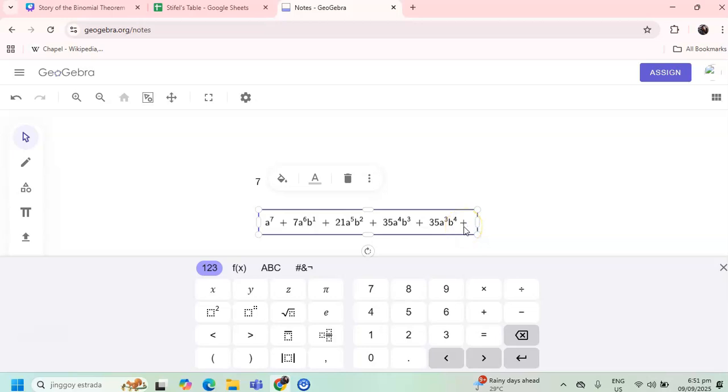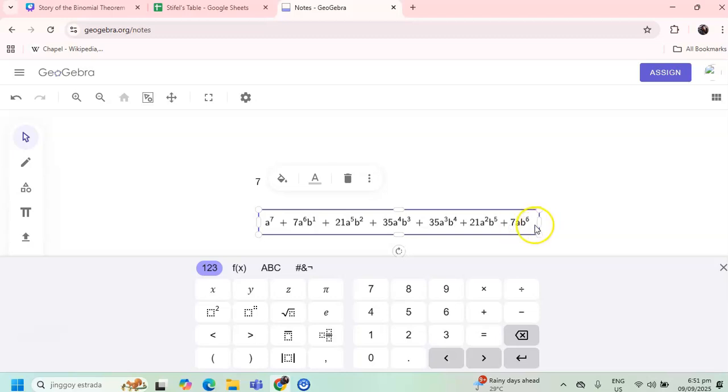So we cascade down. So after 35, we go back to 21. So 21, and then we decrease the exponent of a, so a squared, and we have b to the 5th. And then after 21, we have 7. So we have 7, a, b, then increase the exponent of b, 5 becomes 6.